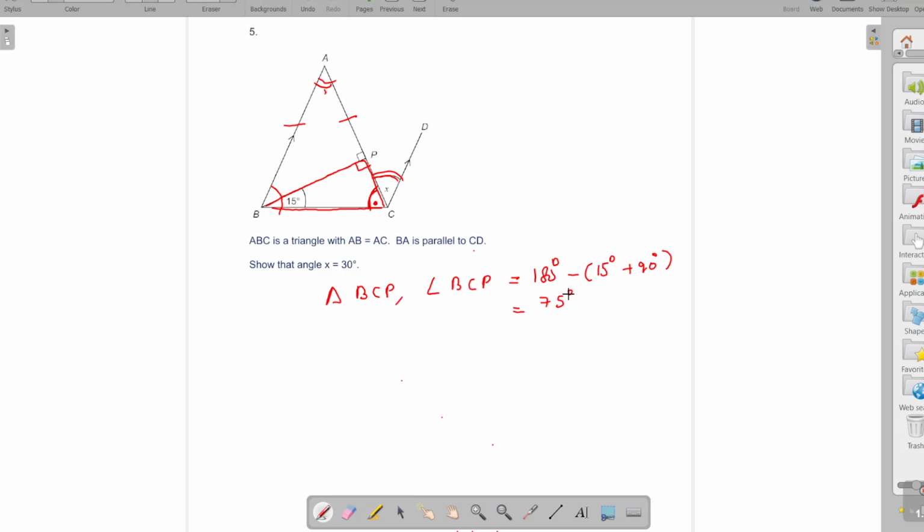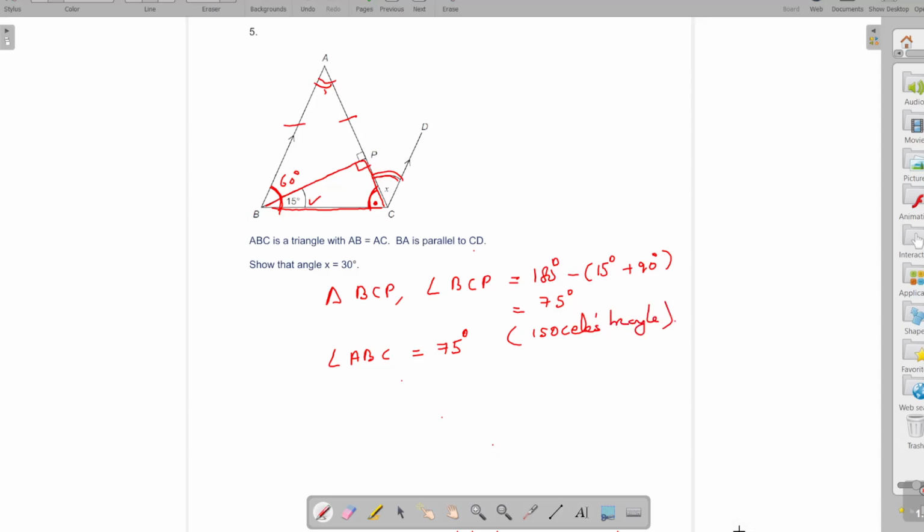Right? If that is 75, we know all of these have to be 75. We know this is 15, so we can work out this as 60. So we could say angle ABC is 75 because it's an isosceles triangle. Right?